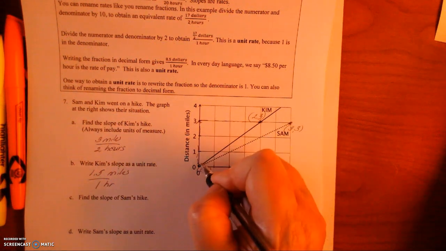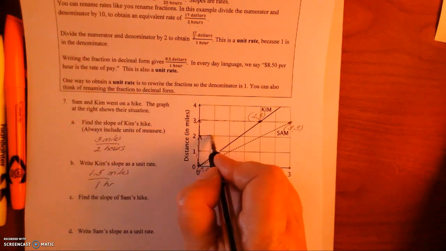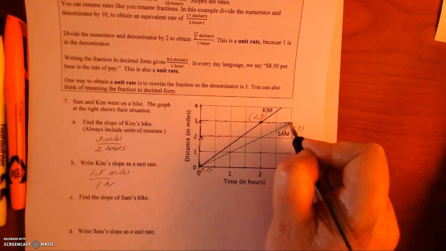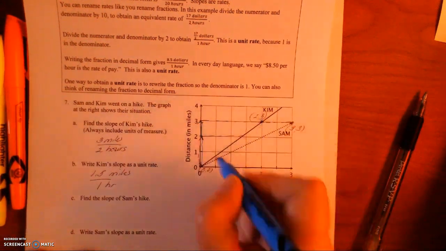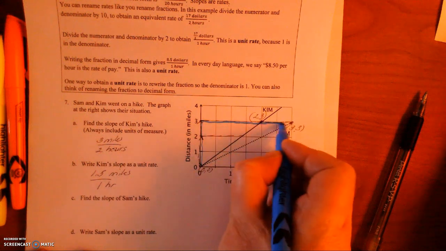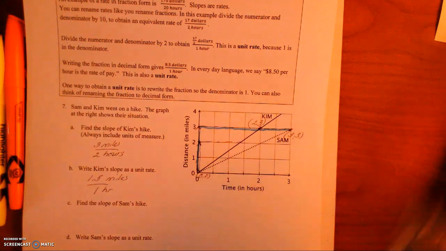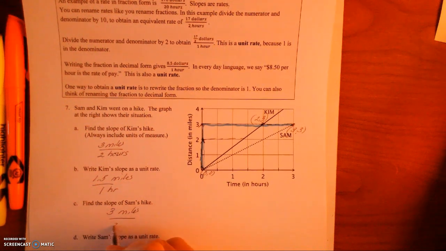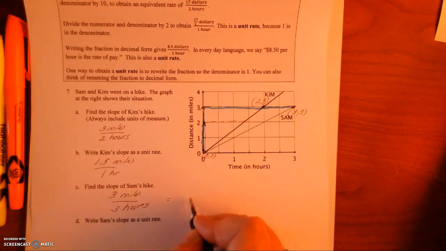I'm going to go up to 3, sorry, and then go over. So Sam goes up to 3 and all the way over to 3. So the slope is 3 miles over 3 hours, and then we can simplify it to 1 over 1.